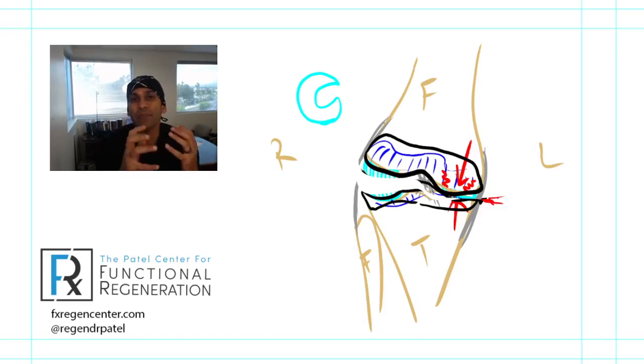What happens is inflammation is actually a good thing. Inflammation is actually the first part of healing when we get an injury or irritation to a joint. And I've said this before in previous lectures, when you're a kid and you twist your ankle and that ankle swells up, that's inflammation.